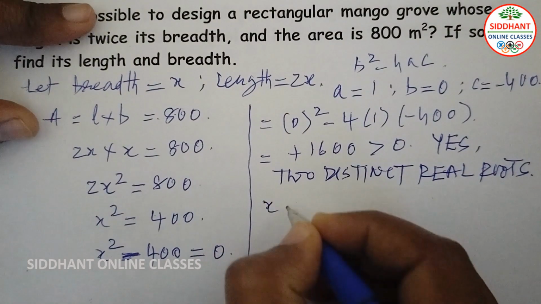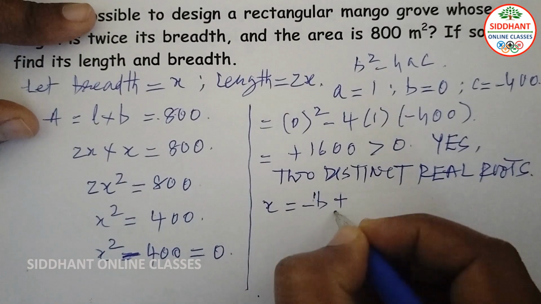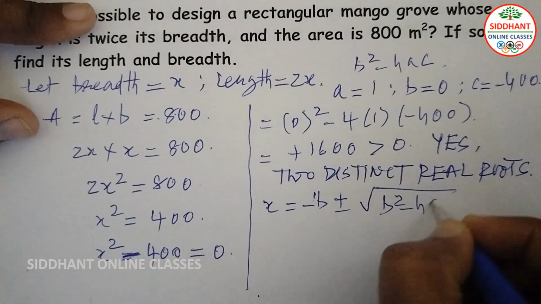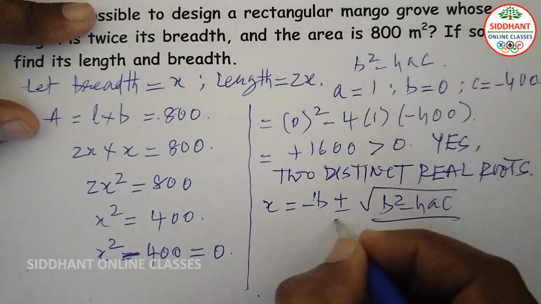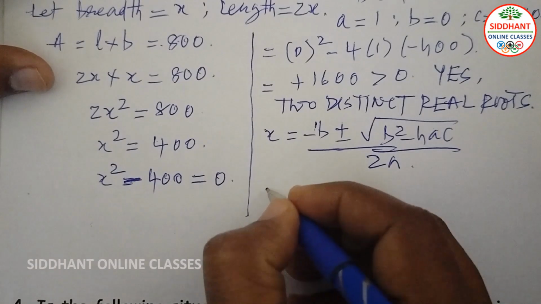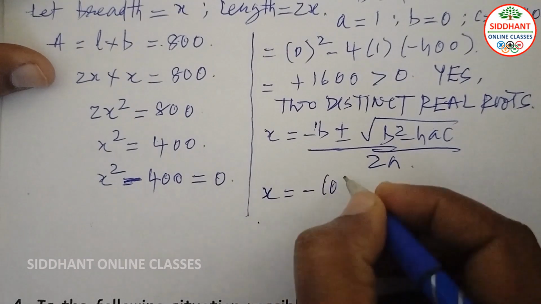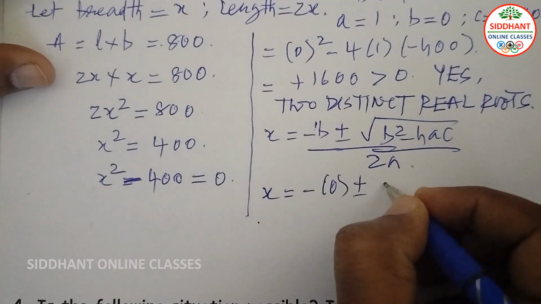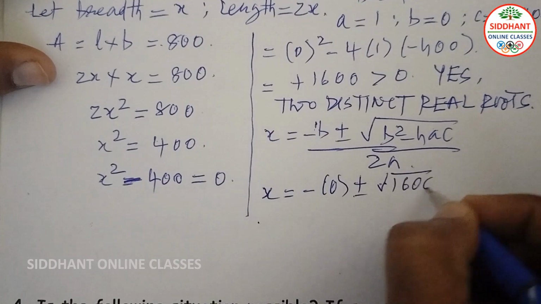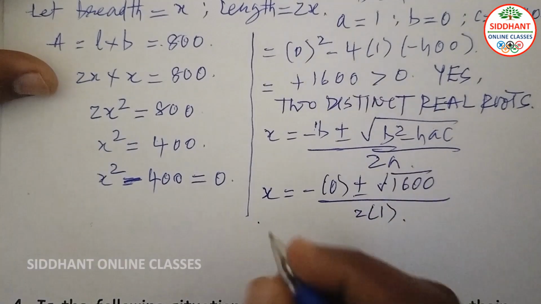That means x equal to minus b plus or minus root b square minus 4ac by 2a. So here x equal to minus 0 plus or minus root 1600 by 2 into 1 here.